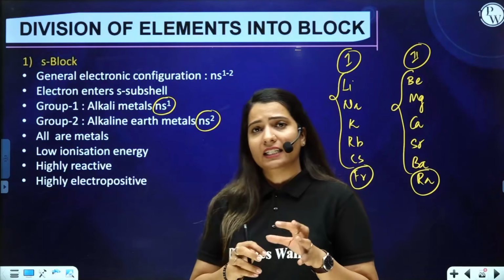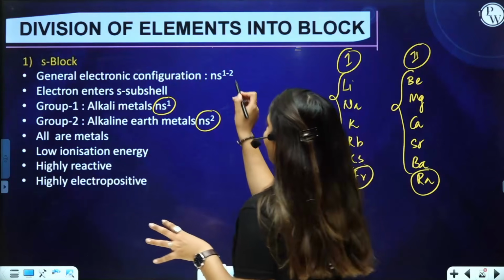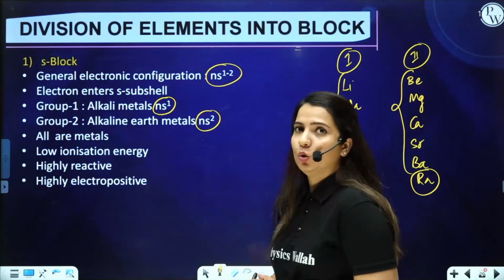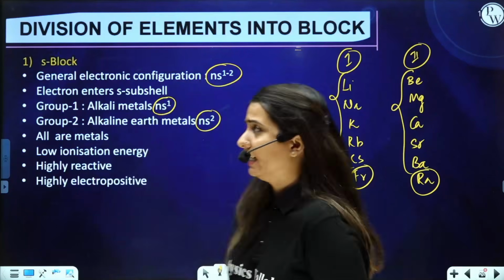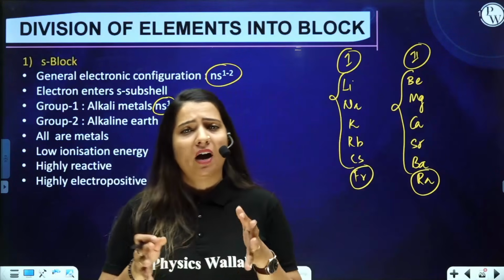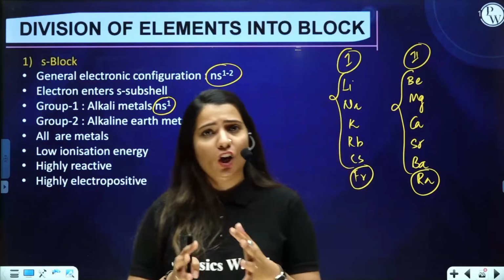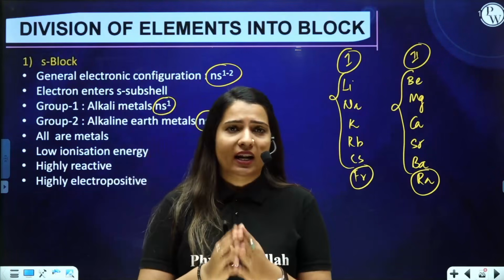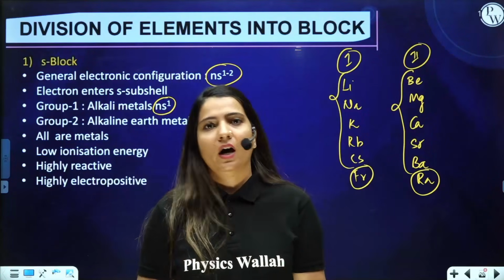If you want to write the general electronic configuration of the S block elements, it will be ns1 to 2, ns1 being alkali metals, ns2 being alkaline earth metals, right? After that, the electron enters the S subshell. Why do we call them S block elements? You know the definition of any of the block elements: whenever your last electron enters the S subshell, you are an S block element.